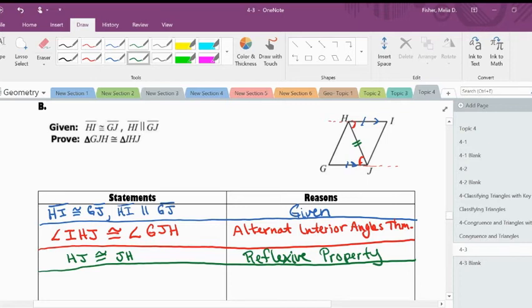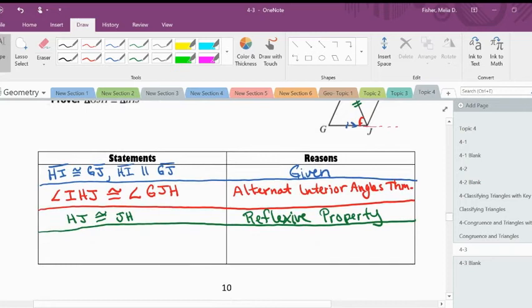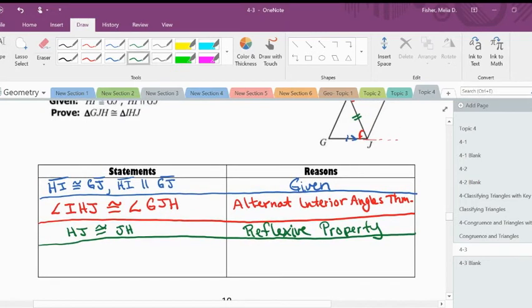Do I have enough information yet to prove that these are congruent? Well, I see that I have a side and an angle and a side, and a side and an angle and a side. So I am good to go, and I can say that triangle GJH is congruent to triangle IHJ, and my reason is the side angle side theorem.